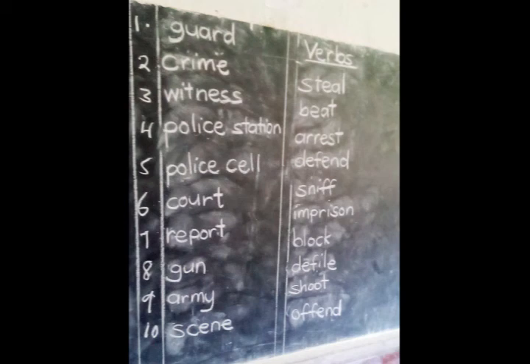Give us another word. Defend. Good. When the verb is defend, what is its continuous tense? You'll give it to us. Next is sniff, S-N-I-F-F. You will also write its present continuous tense.